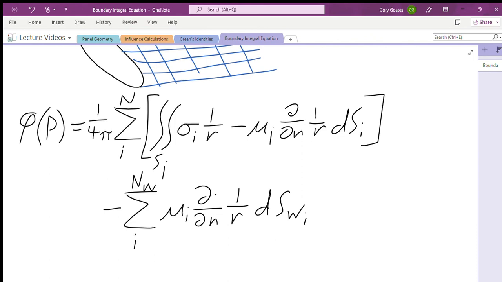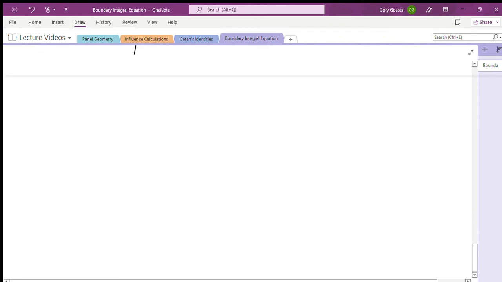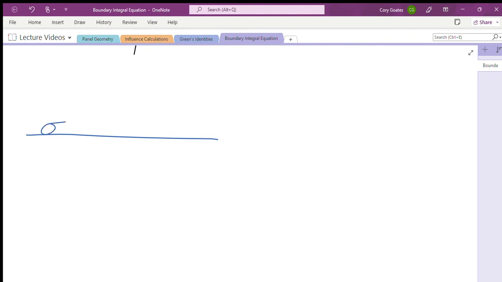Well, let's think about what sources do. Sources represent a jump in velocity potential, or sorry, a jump in the normal derivative of velocity potential from one side of a panel to another. So if we've got a panel like this, and it's got some source strength sigma, then we've got partial phi partial n on one side and partial phi partial n on the other side, and sigma represents the jump between the two of those.